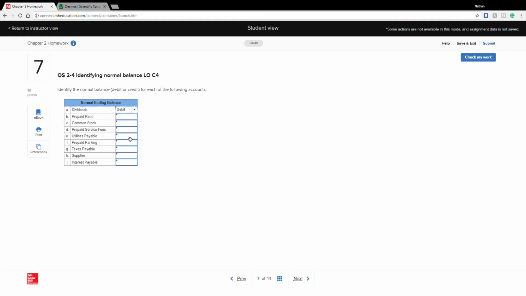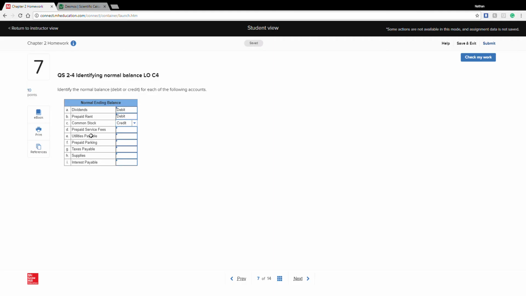Anytime we have prepaid, that is naturally an asset. So since it's an asset, it's part of the DEA, that will be a debit. Common stock, as we saw from the last two questions, that is equity. That's in our LER, so that's on the right side, which means it's going to be credit.